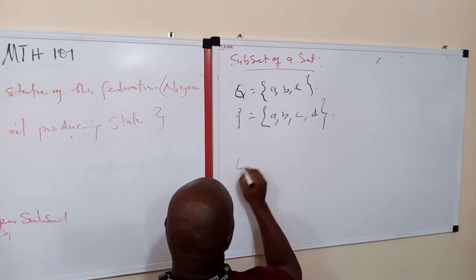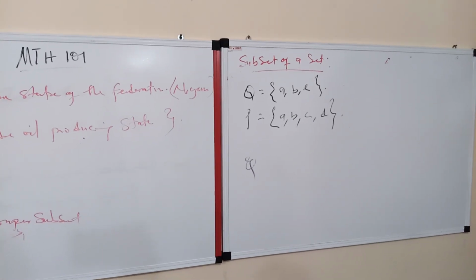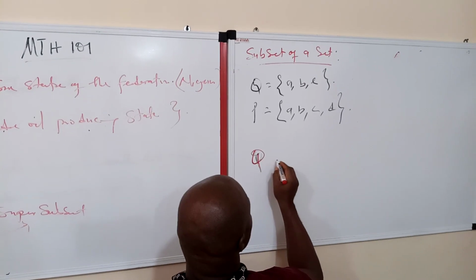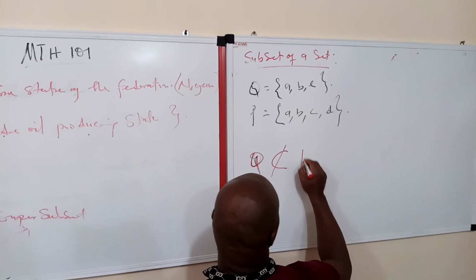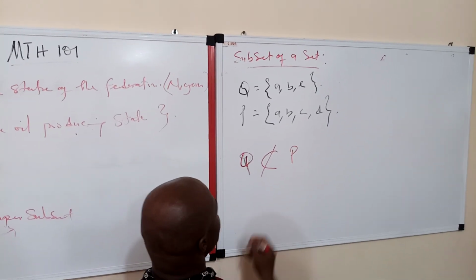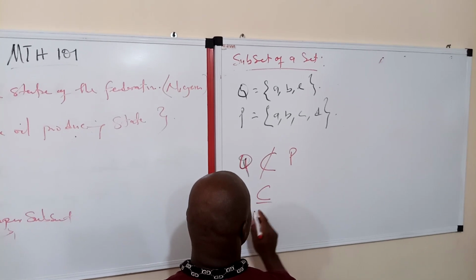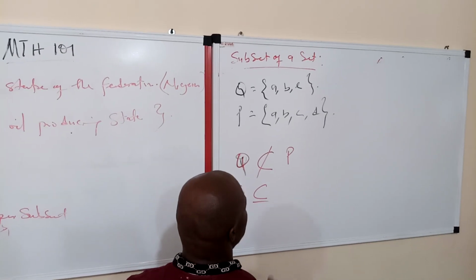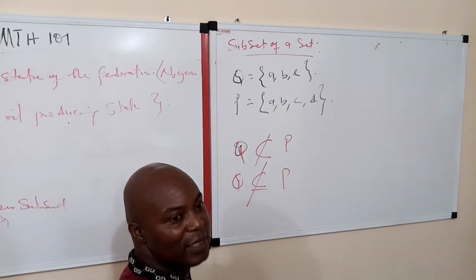So in terms of proper and improper subsets, we can say that Q is not a proper subset of P, and in like manner, Q is also not an improper subset of P. So you negate it.